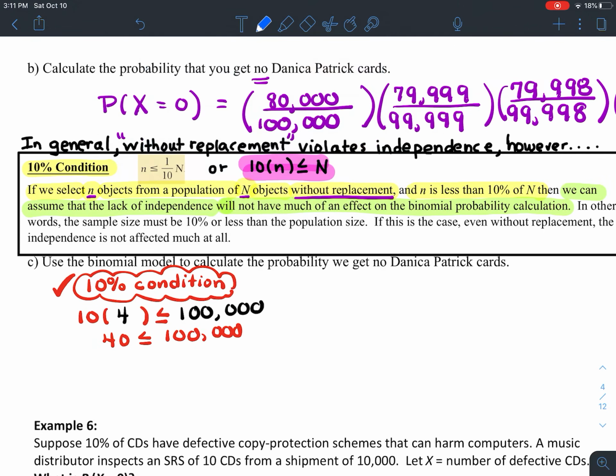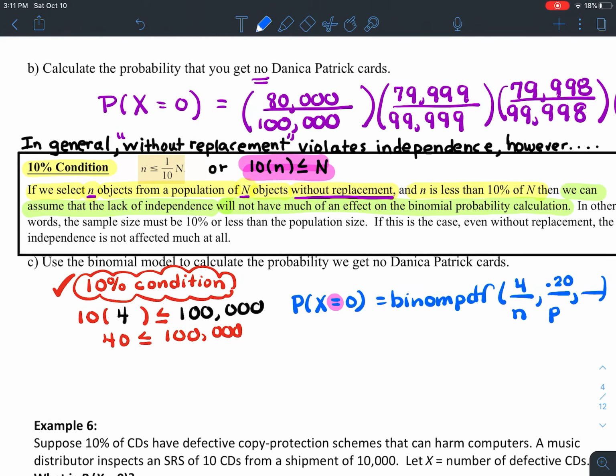That means I can move over here and say, okay, I'm going to go ahead and use binomial PDF. It's a PDF for the reason that this is an equal to here. I need 3 inputs: the number in my sample, which is 4, and the probability of a success. Remember, the probability of getting a Danica Patrick card is 20%.